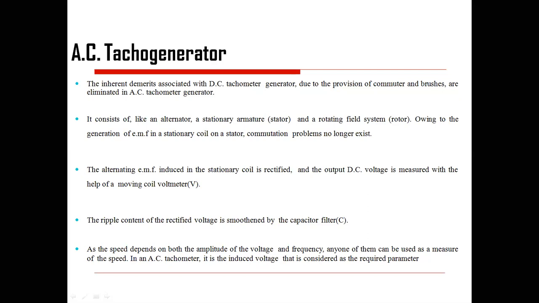In an AC tachometer, it is the induced voltage that is considered the required parameter, because it is an electrical type of speed measuring device. So the means we are using is the induced voltage due to the motion.